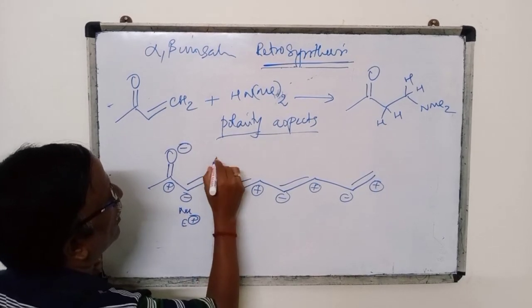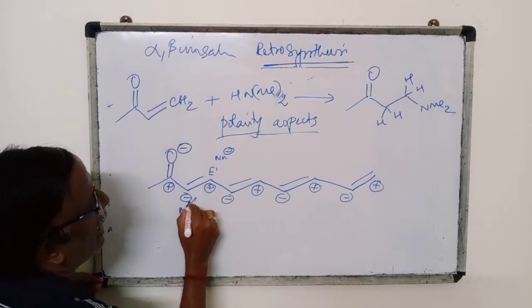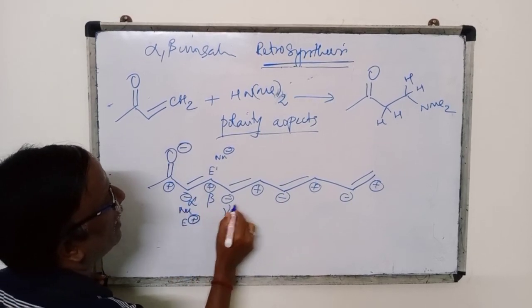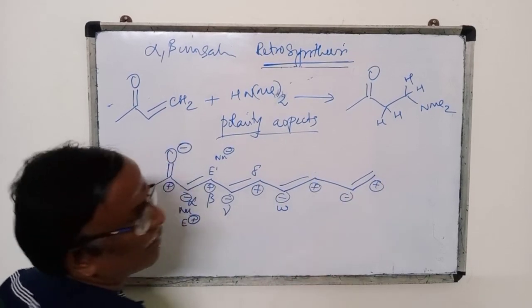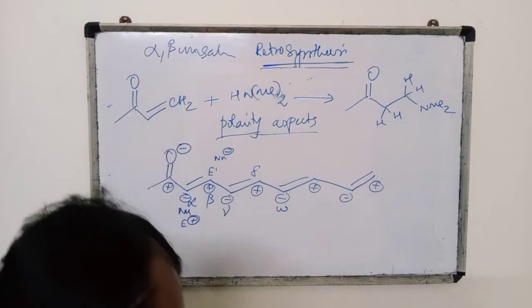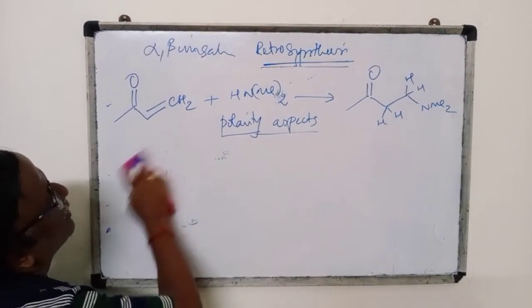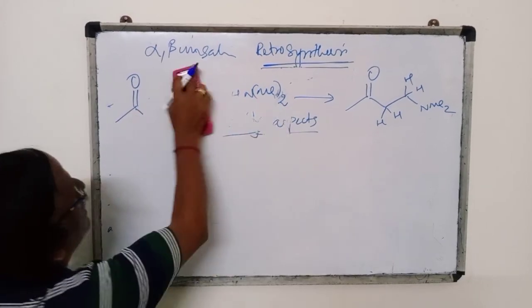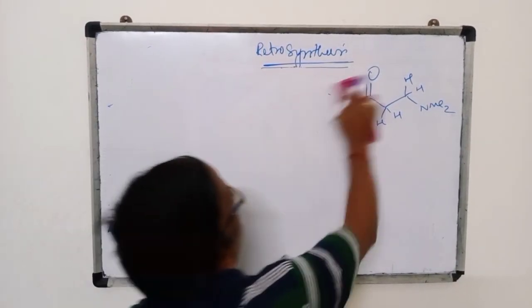You can add a nucleophile to this. Like this, I can keep on extending. So this is nothing but your alpha carbon, beta, gamma, delta, omega, like this. It keeps moving from one substrate to the other. Fine, is it clear? So the polarity aspect is very, very important to understand about this kind of carbonyl compounds.